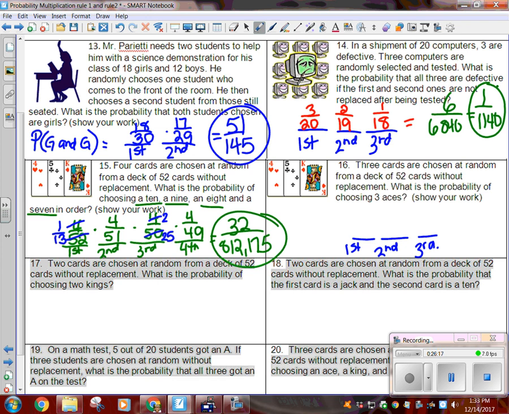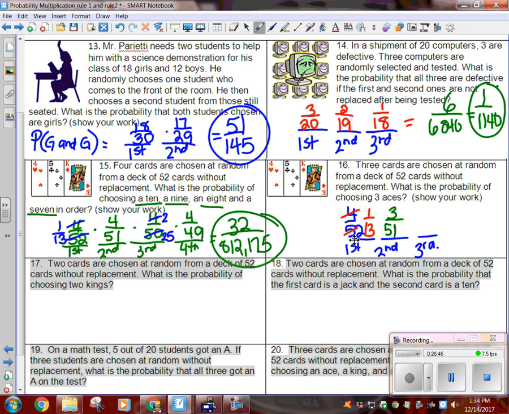How many aces are there available the first time? 4 out of 52, which I might reduce on my paper to what? Is that the same as 1 out of 13? Okay. Now how many aces remain? 3. How many cards are there left? 51.